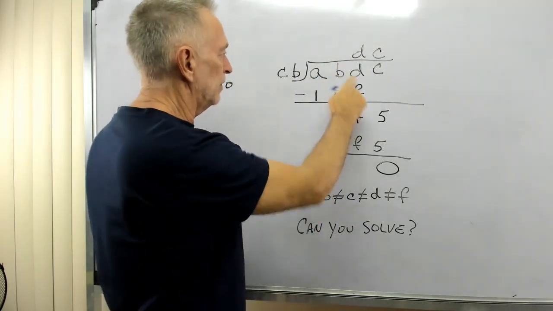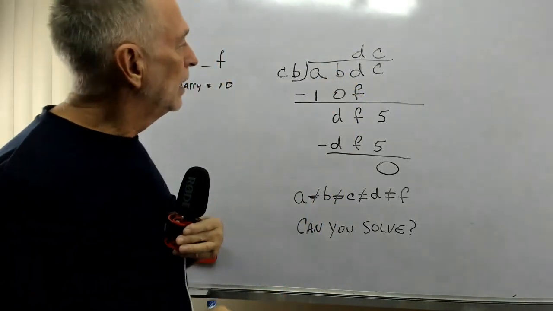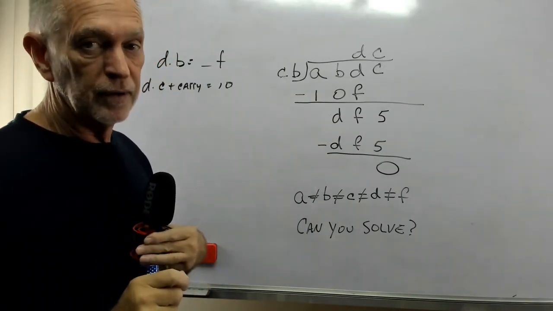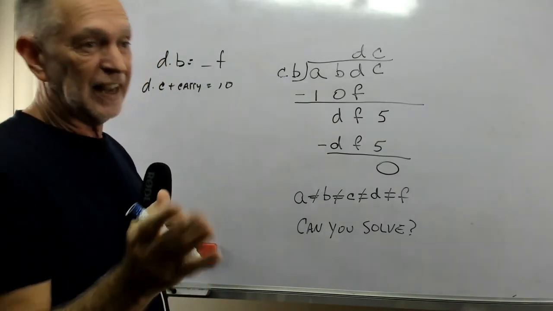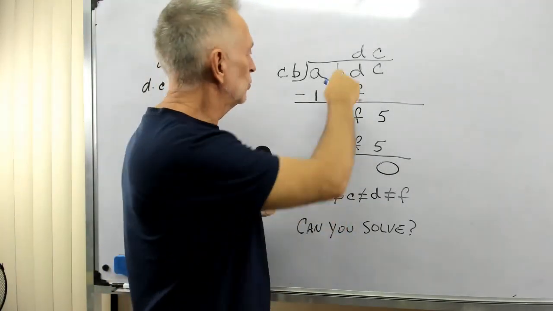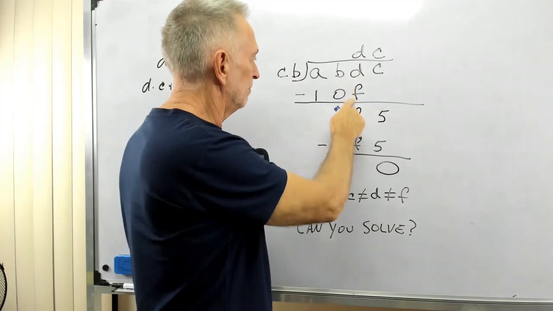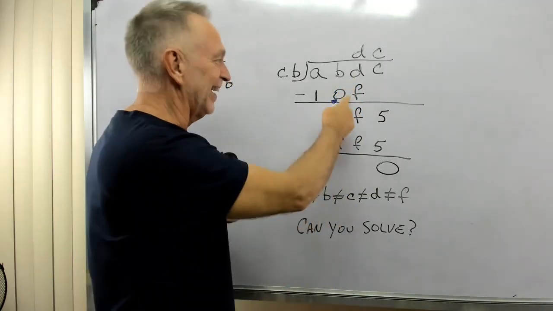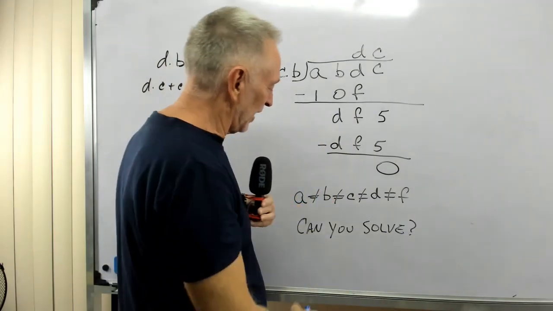This also tells me that D is an even number, because let's say D is 1. So I borrow 1, makes it 11. Well, F would have to be 5.5. Okay, and we're working only with integers.